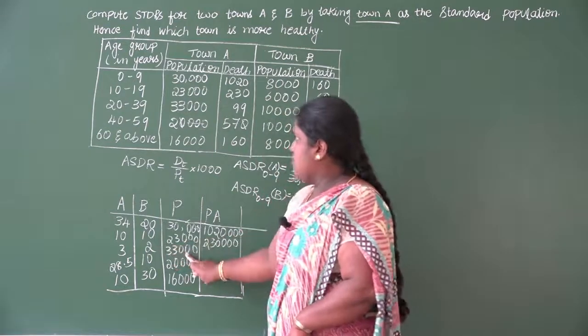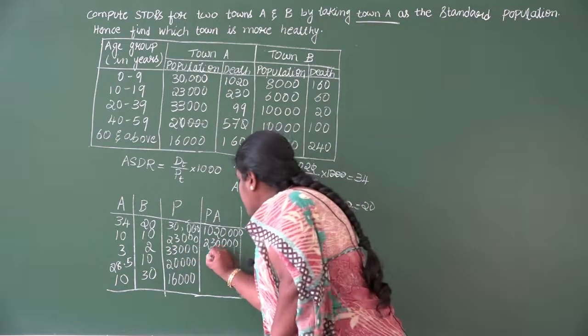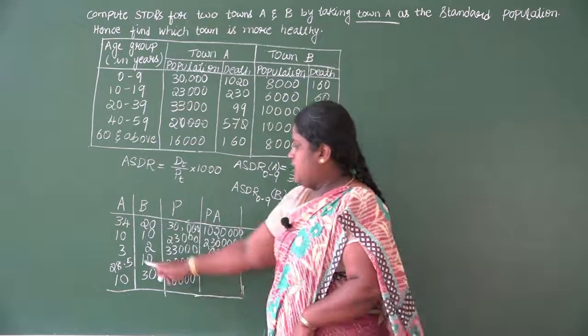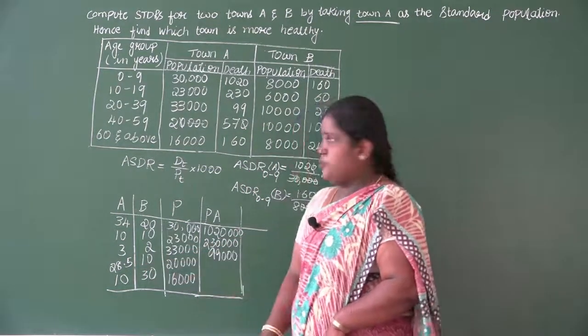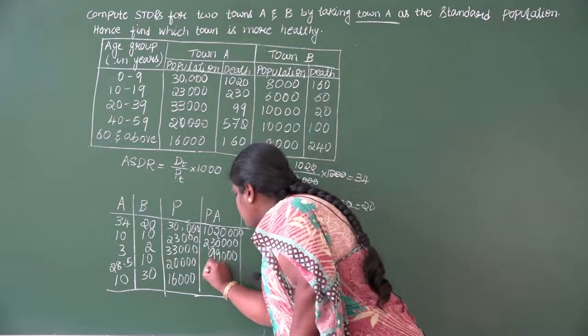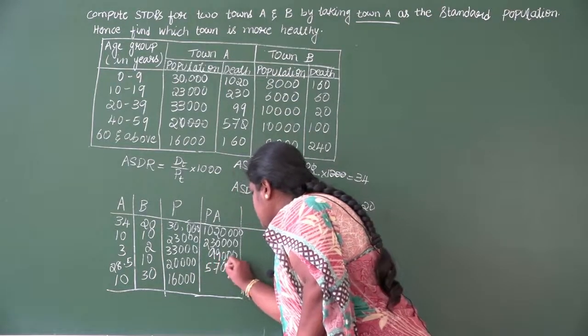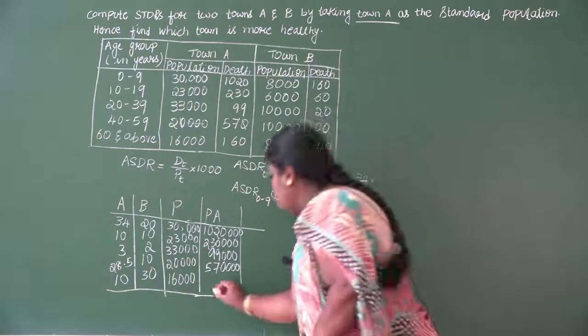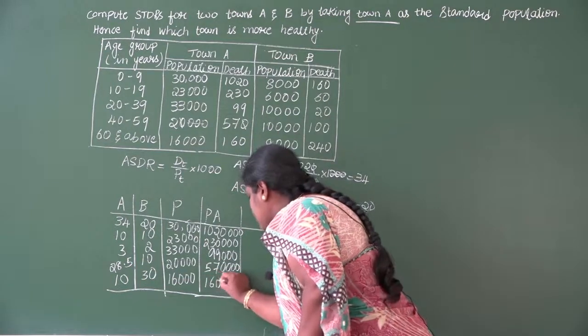Then 3 into 33,000 is 99,000. Then 28.5 into 20,000 is 5,70,000, and 10 into 16,000 is 1,60,000.